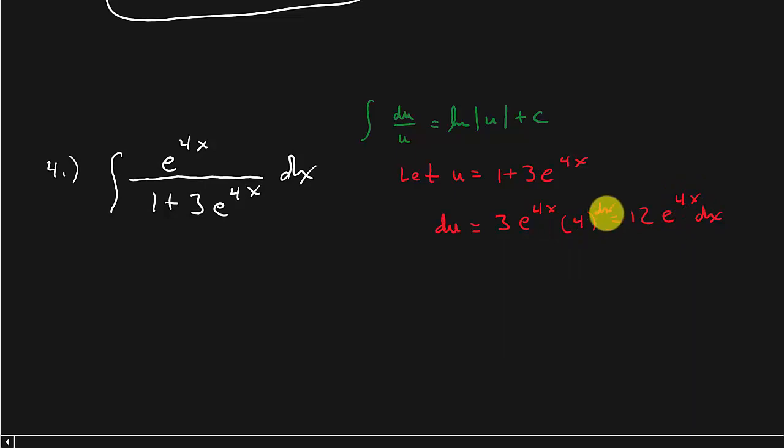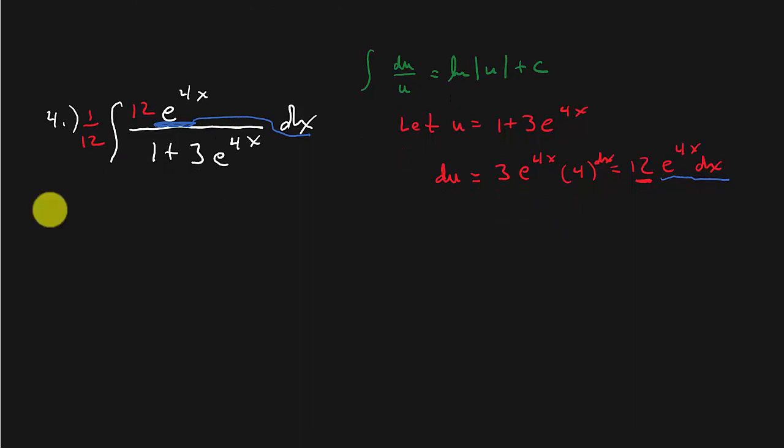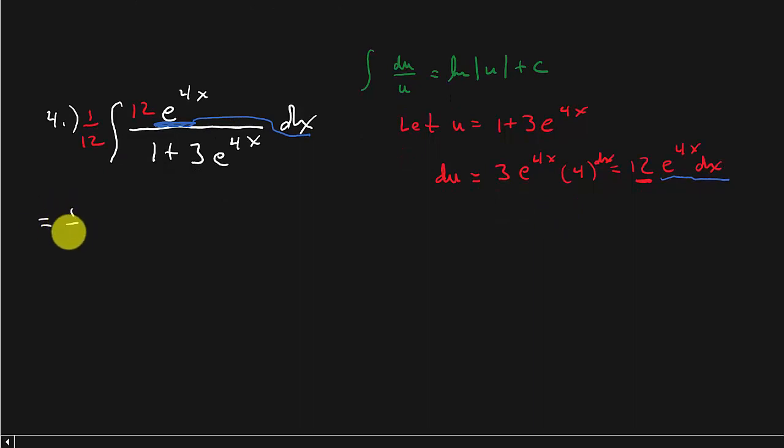All right. So once again, you can see we've got e to the 4x here. Well, e to the 4x dx, e to the 4x dx. So I need to multiply this by 12 to get the 12 that I need here. And so if I multiply by 12, I've got to also multiply by 1 over 12. And so now I can make my substitutions. So that's going to be 1/12 integral, and that's going to be du over u.